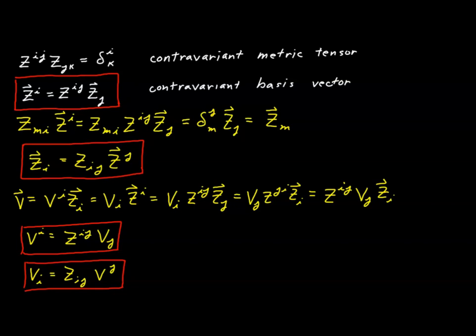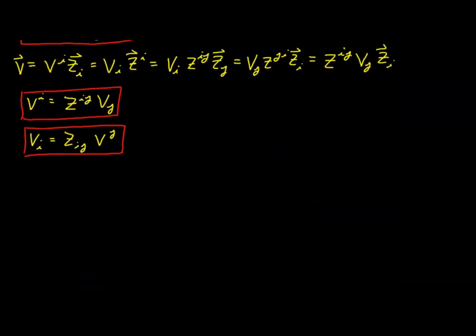Okay, well what we see working here for components and basis vectors also works for tensors of higher rank. So let's take a look at that. Let me move up here a little bit. Suppose I have a second rank tensor, Tij, that looks like this, and I form a contraction now with our contravariant metric tensor, and I'll use the letter R this time, and contract with the I index.